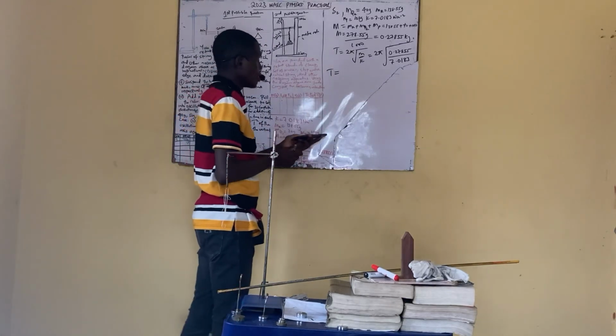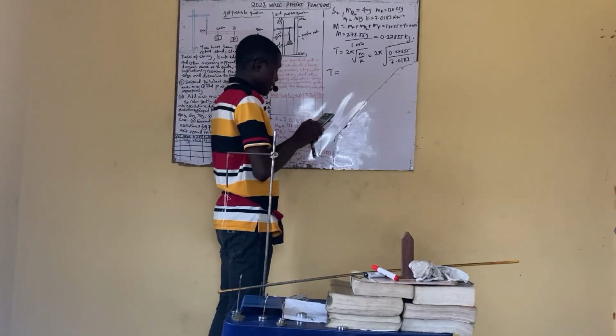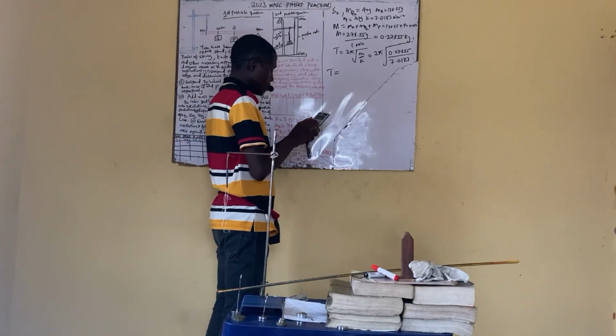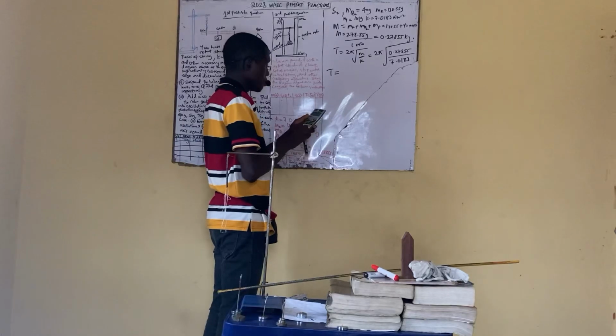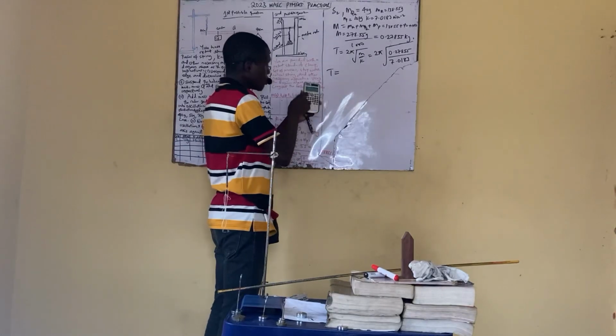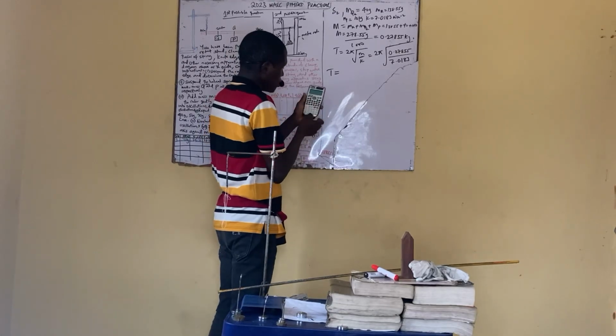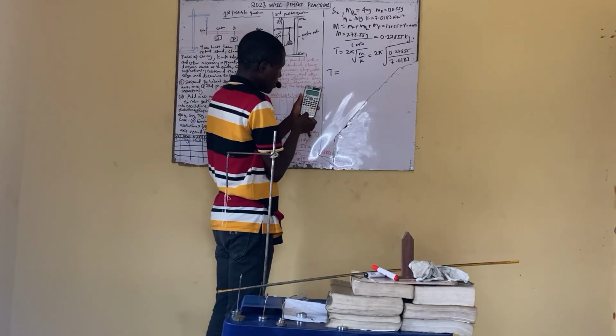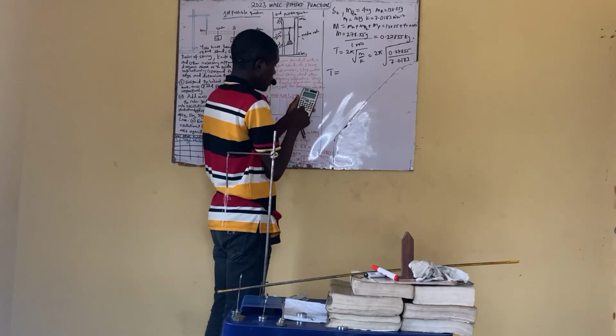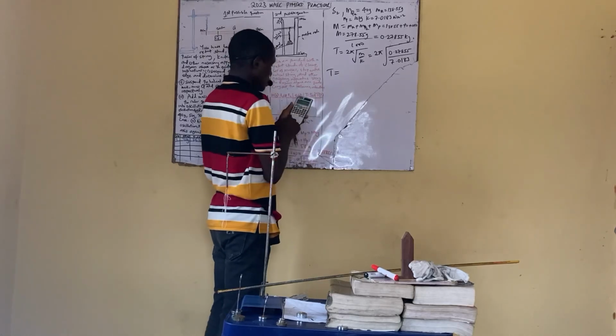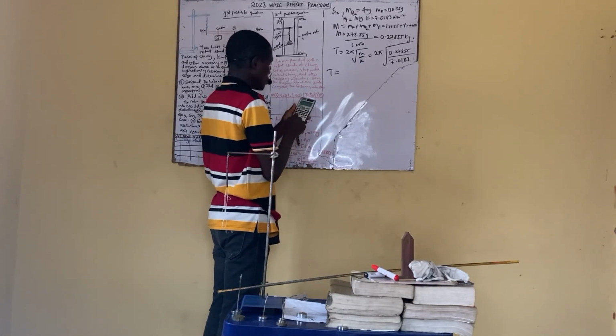So T is now equal to 2 pi. You can just press 2, then press shift, there's a pi here. Then multiply by root 0.27855 divided by 7.0183.